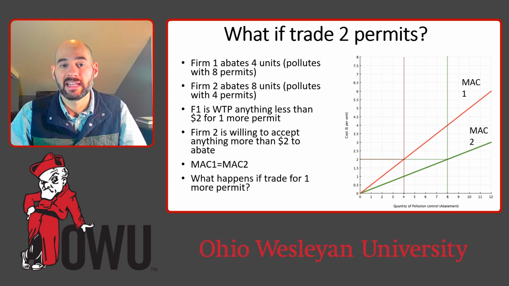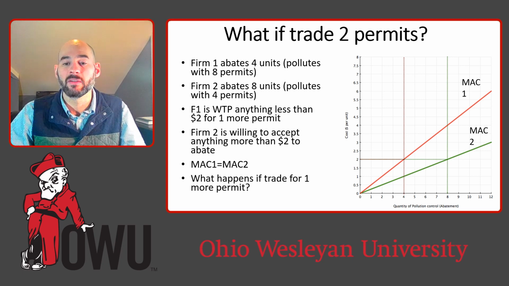And if they trade 2 permits, then firm 1 is going to abate 4 units because they have 8 permits, so that equals their total 12 units of pollution. So they are permitted to pollute 8 units, and they have to abate those extra 4. And the marginal cost of abatement for that 4th unit is going to be $2.